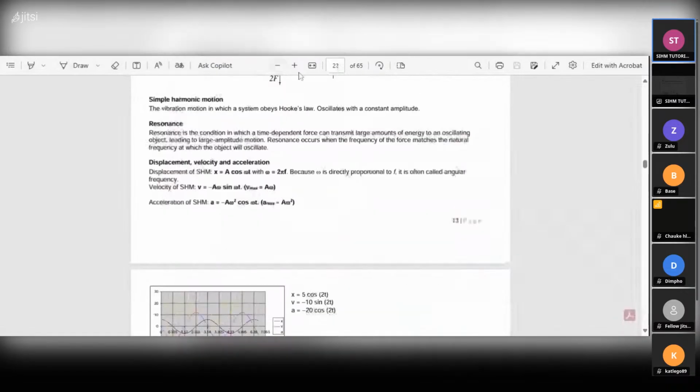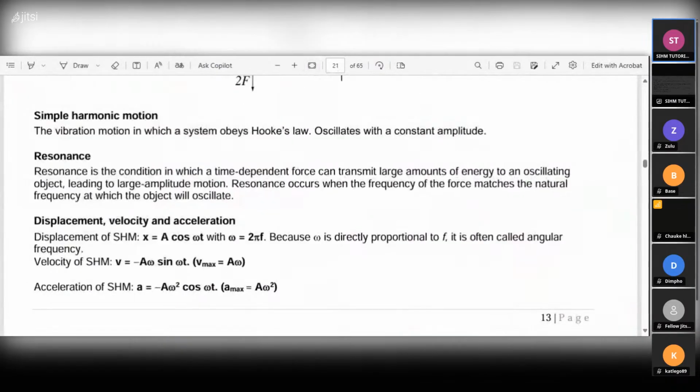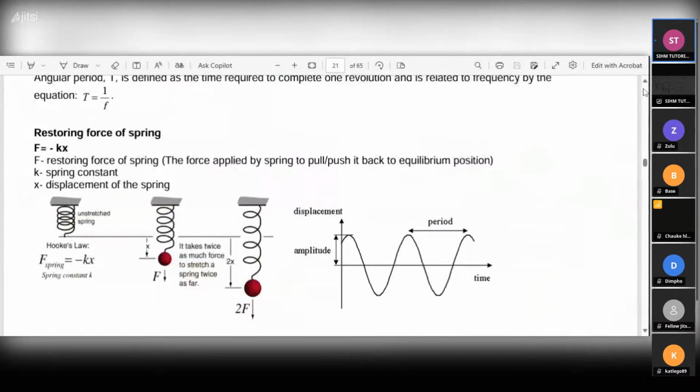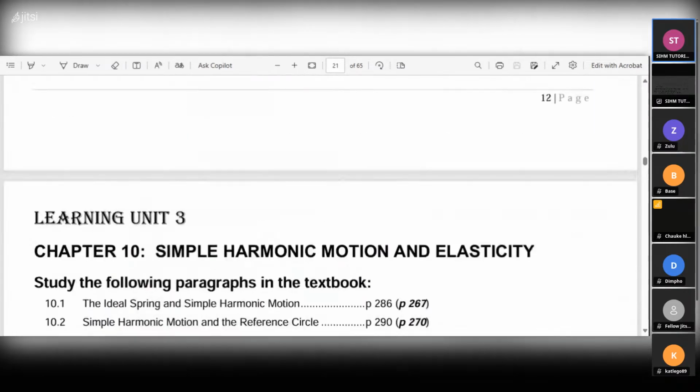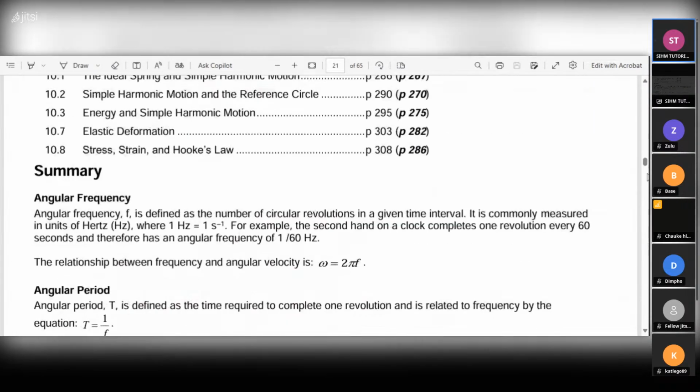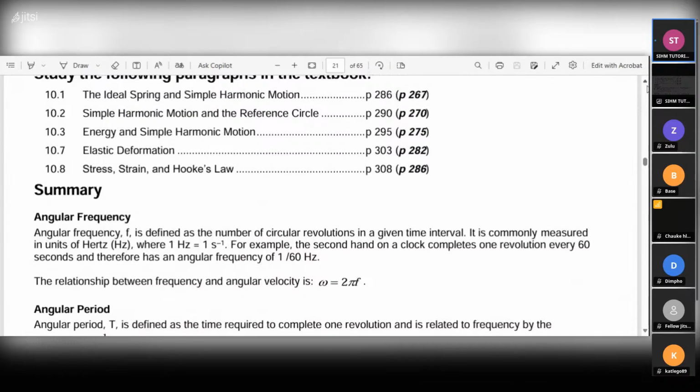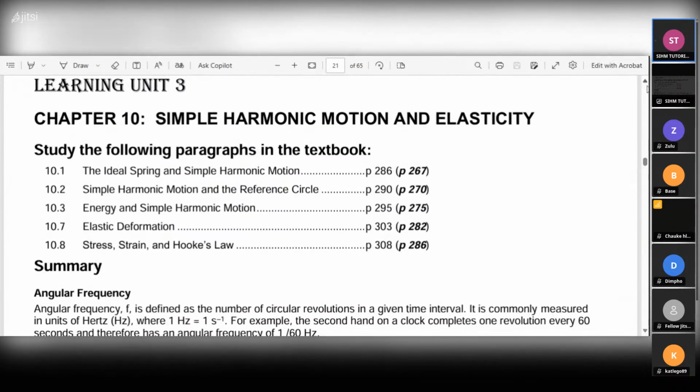Okay, it's fine. I have it here. Let's hope you can see. So okay, you're in unit three.